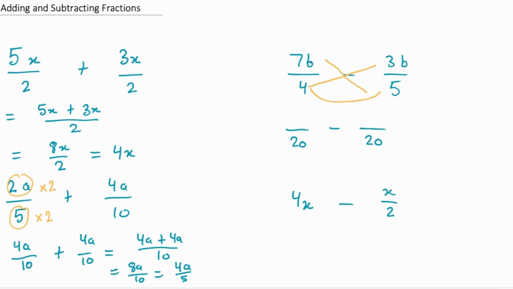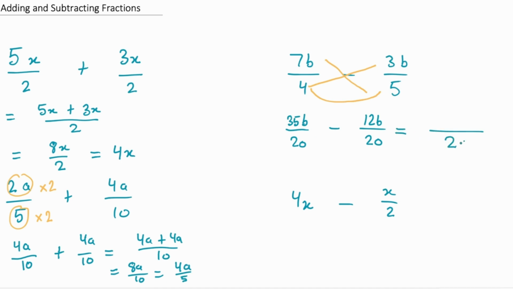Now 7b times this 5, because it's cross multiplying, 7b times 5, that gives us 35b. And on the other side, we have 3b times 4. That gives us 12b. And then we simplify again accordingly. Let's bring those fractions together under a common denominator.